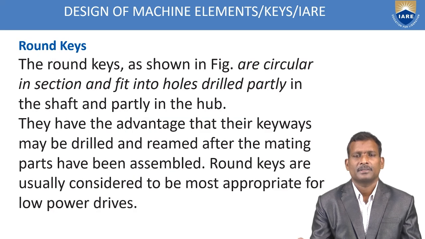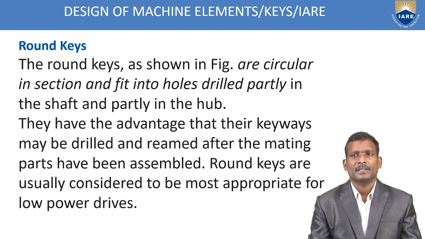Next one is round keys. The round keys are shown in the figure. They are circular in section and fit into holes drilled partly in the shaft and partly in the hub. Some holes are made in the shaft and some other holes are made in the hub. What are the advantages of this round key?